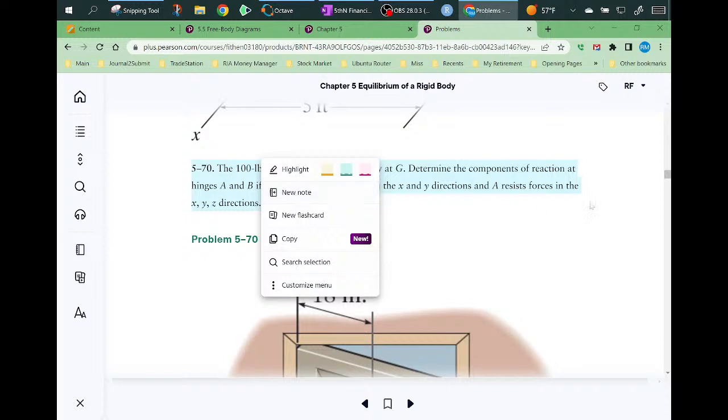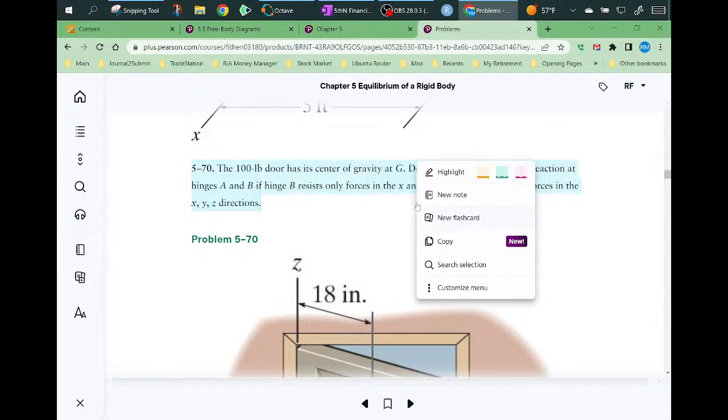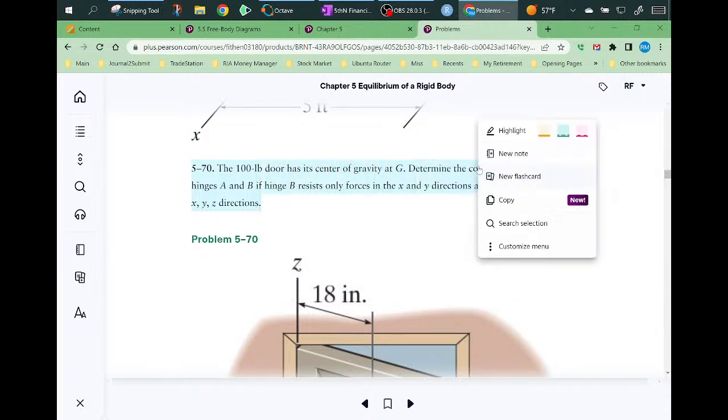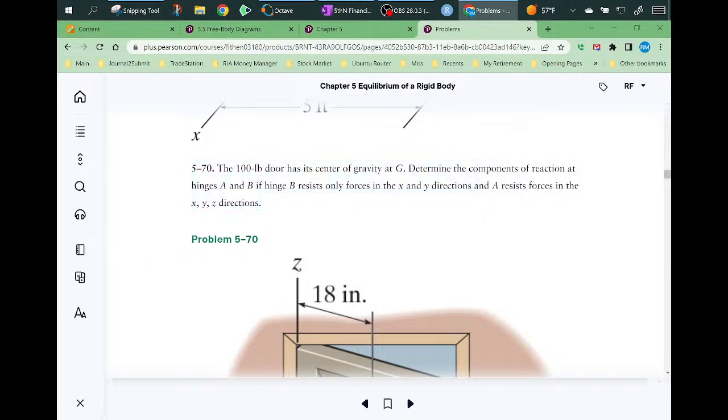This is good. I like that. That's interesting. I don't know how to get rid of this. How do you get rid of it? Okay.